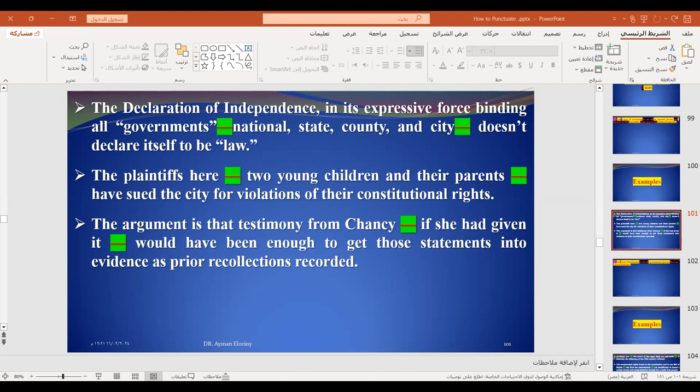Third example, the argument is that testimony from Shamsi or Ahmed, whatever, if she or he had given it, would have been enough to get those statements into evidence as prior recollections recorded. In such a position, we have to put the phrase if she had given or he had given it between twice EM dash.